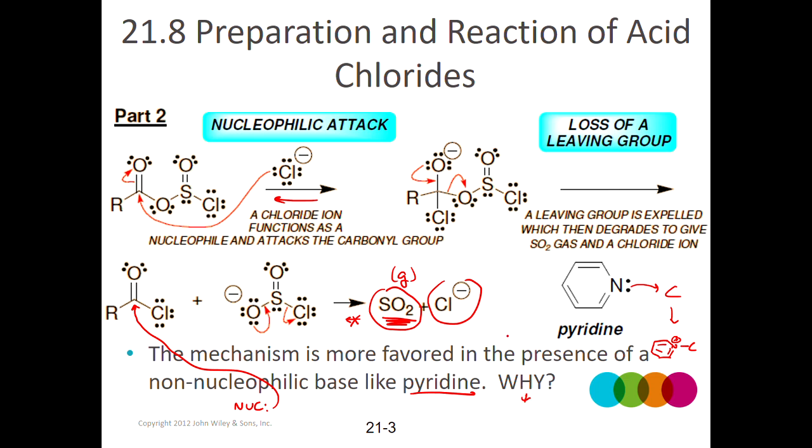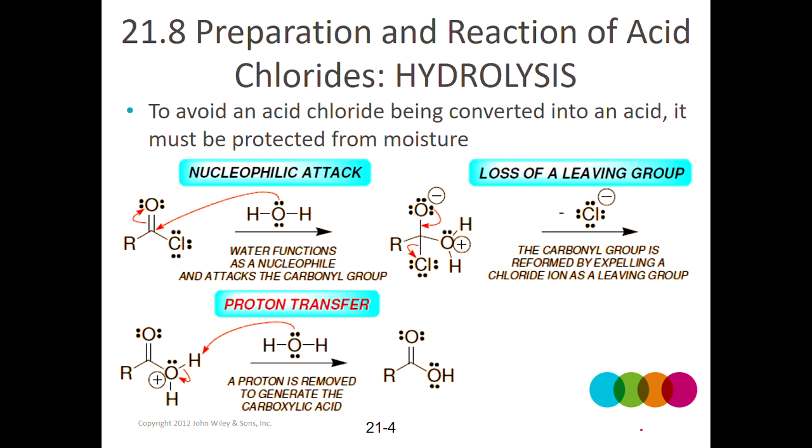So its purpose is to act as a base and specifically pick off the carboxylic acid proton. Removing that proton makes the carboxylic acid a better nucleophile, makes it more able to attack the thionyl chloride, and then it will go through more stable intermediates during the mechanism. So that's how we make an acid chloride.